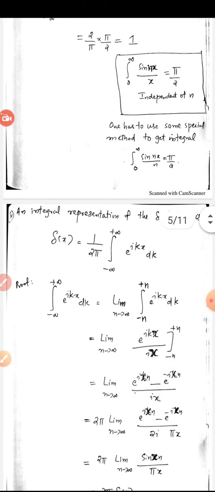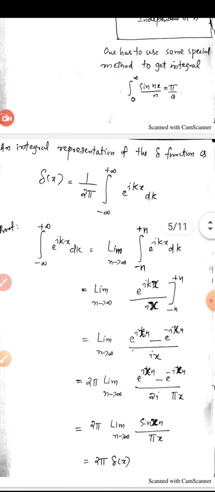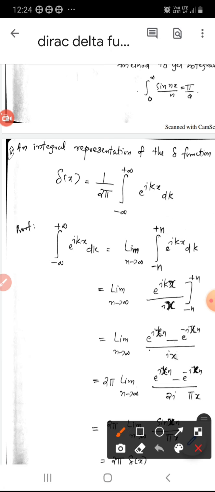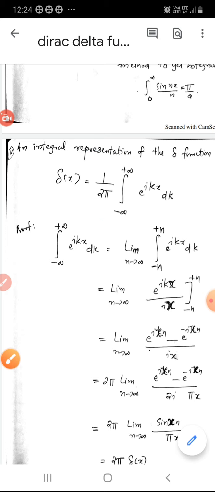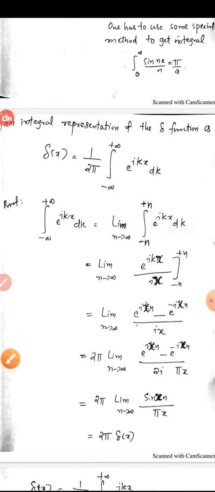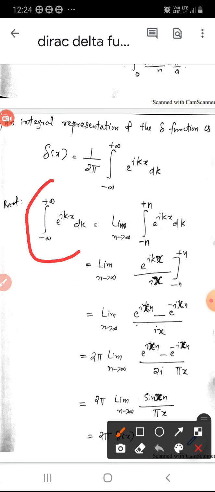Now we see an integral representation of the delta function. It is δ(x) equal to 1/2π times the integral from minus infinity to plus infinity of exp(ikx) dk. This is an integral representation of the delta function. We just prove that, starting with the integral from minus infinity to plus infinity of exp(ikx) dk. That is equal to the limit as n tends to infinity of the integral from minus n to plus n of exp(ikx) dk.